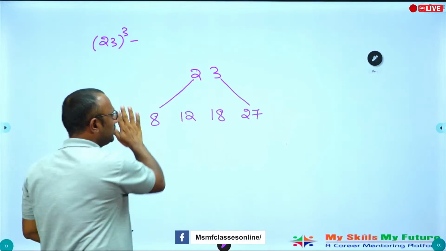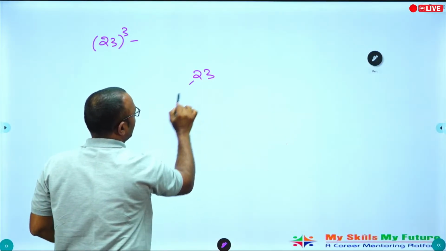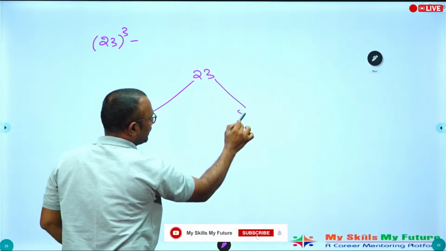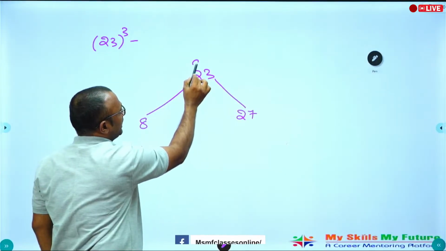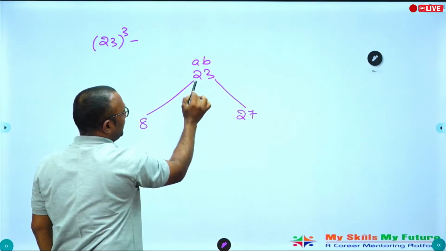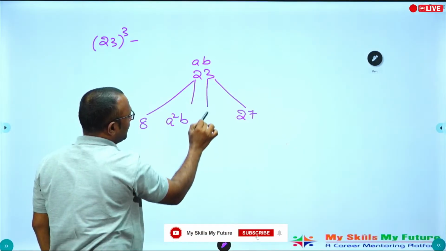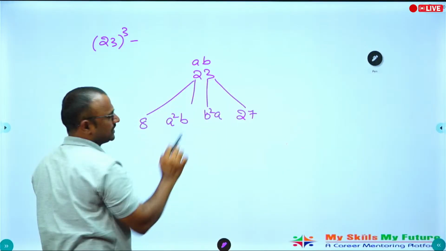One more time, see here, write 23 here, write 2 cube here, 3 cube here. Suppose I am writing AB here. Here you write A square B, and here B square A, just one, okay.